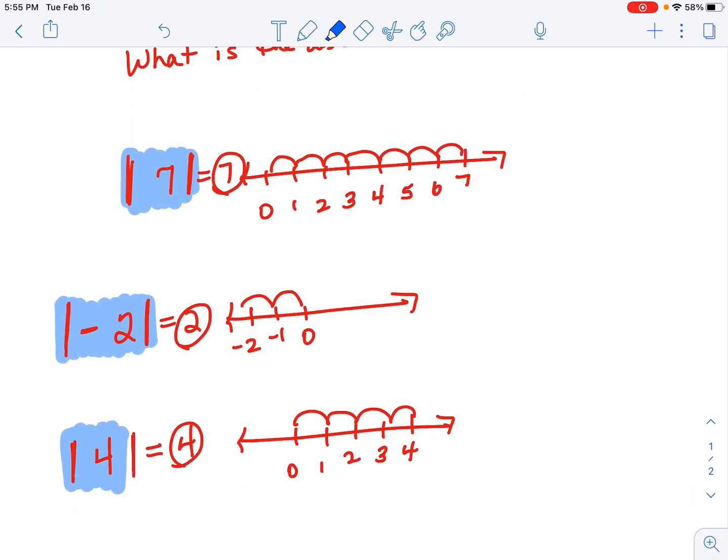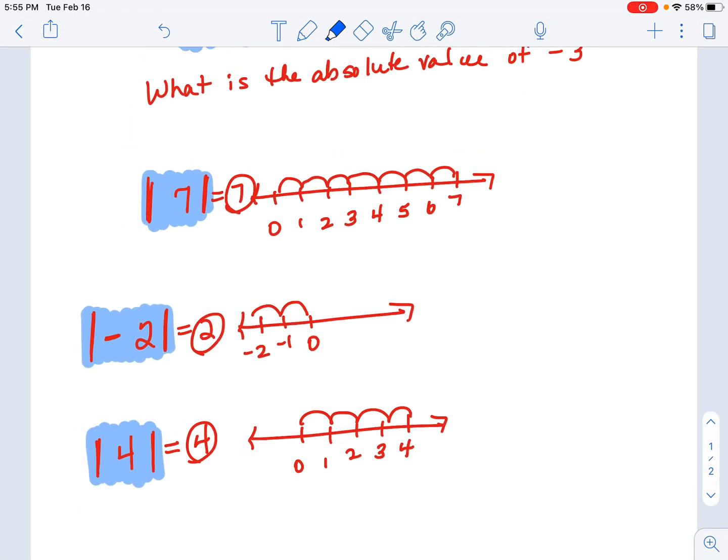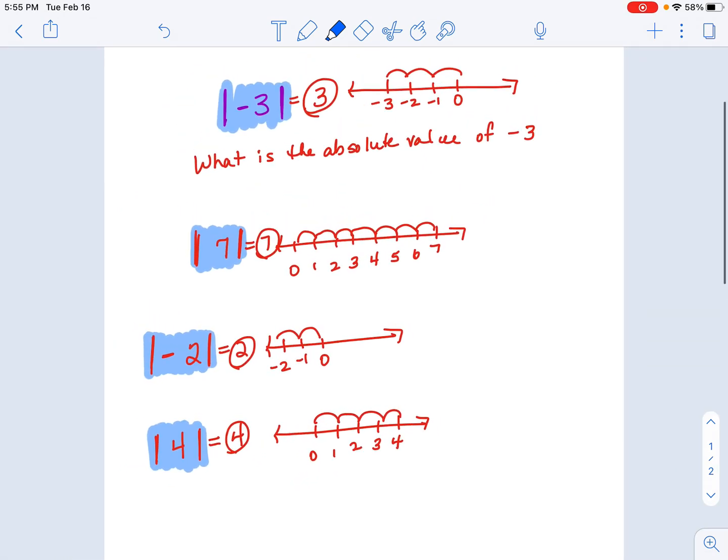What is the absolute value of 4? The answer is 4. Let's make it smaller here where we can see them. So again, it's always that number that's inside those bars. That's always your answer. But notice it's always positive. This started out as a negative, but my answer was positive.